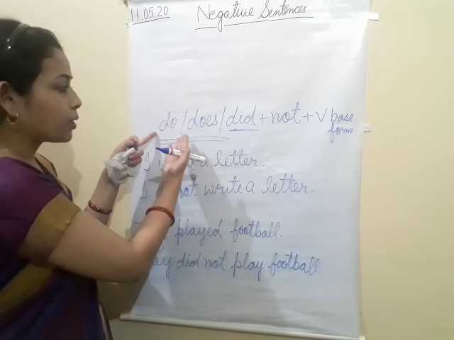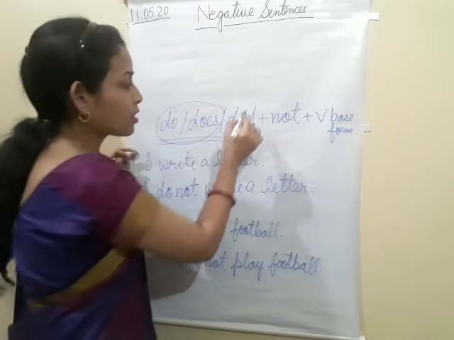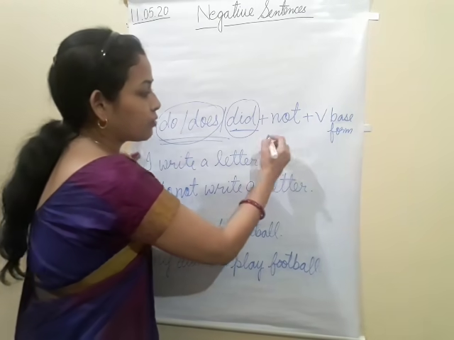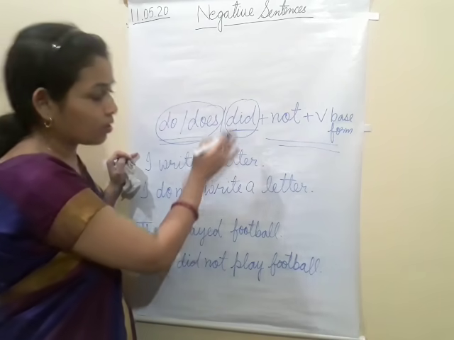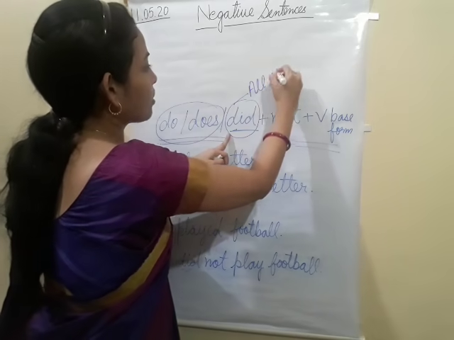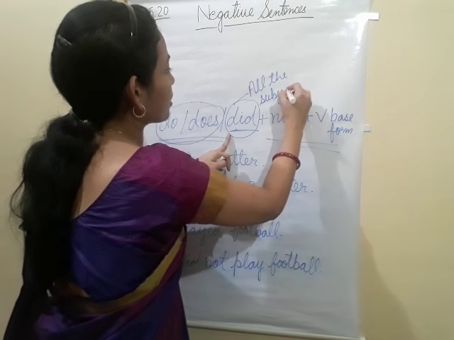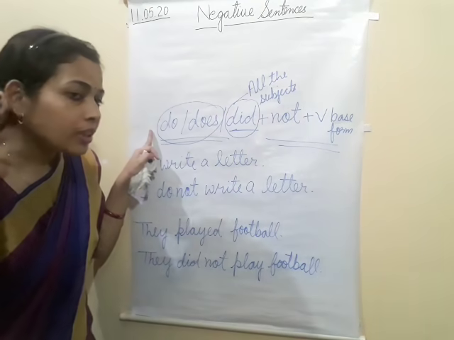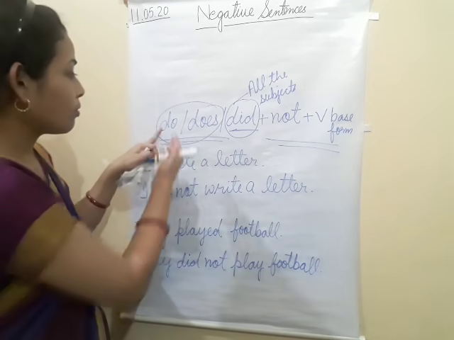So in simple present we use do, does. In simple past we use did. This will be the same in simple present and simple past. With all the subjects we use did. And with I, we, you, they, more than one name, plural names, we use do.